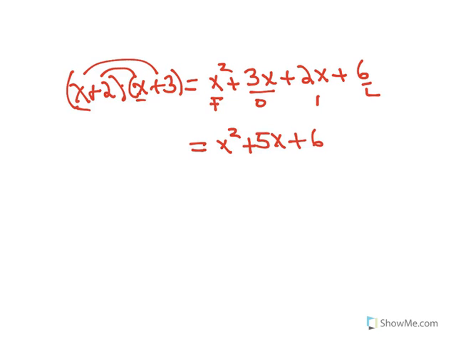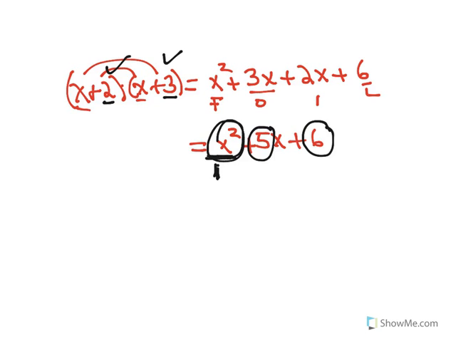Now I want you to notice that you obtain the 5 by adding the 2 and the 3, and you obtain the 6 by multiplying the 2 and the 3. Now this is something that applies when the leading coefficient, or the coefficient of the x squared, is a 1.